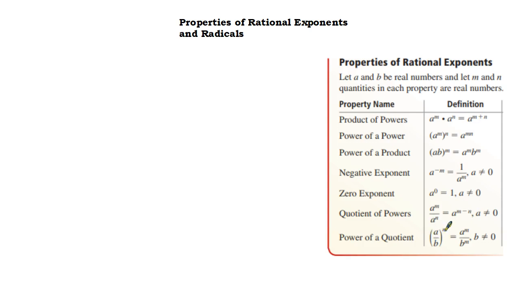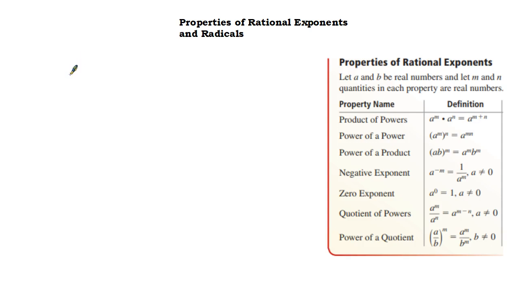Power of a quotient, the exponent is applied to the numerator and to the denominator. So all of these things we've seen before, and it turns out they apply when we have rational or fractional exponents as well. So let's take a look and see one interesting thing that we can do with rational exponents.